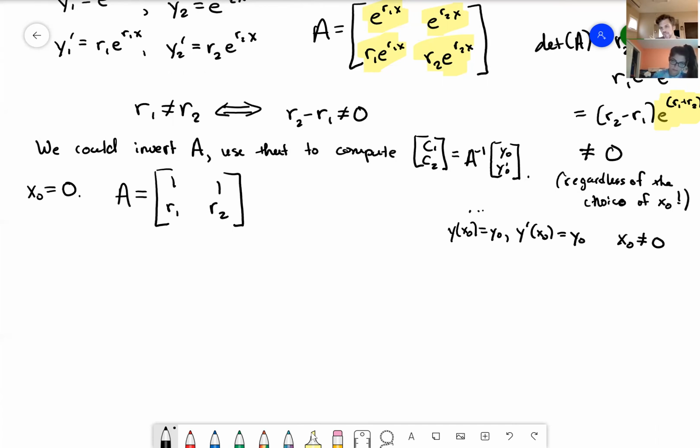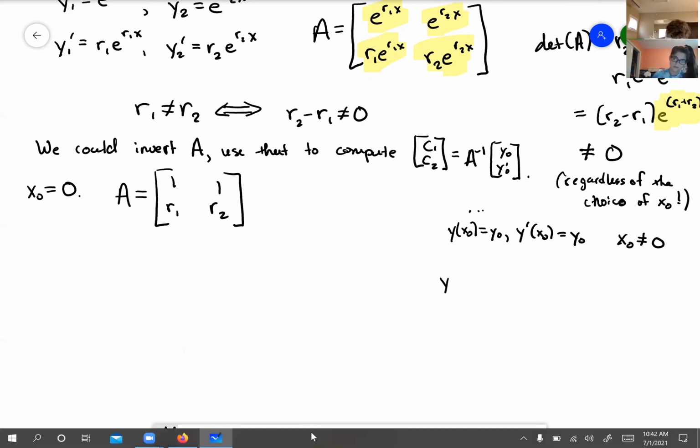Then what we could do is solve for y hat, which would be y of x minus x0. So we would just be shifting this solution to the left or to the right.